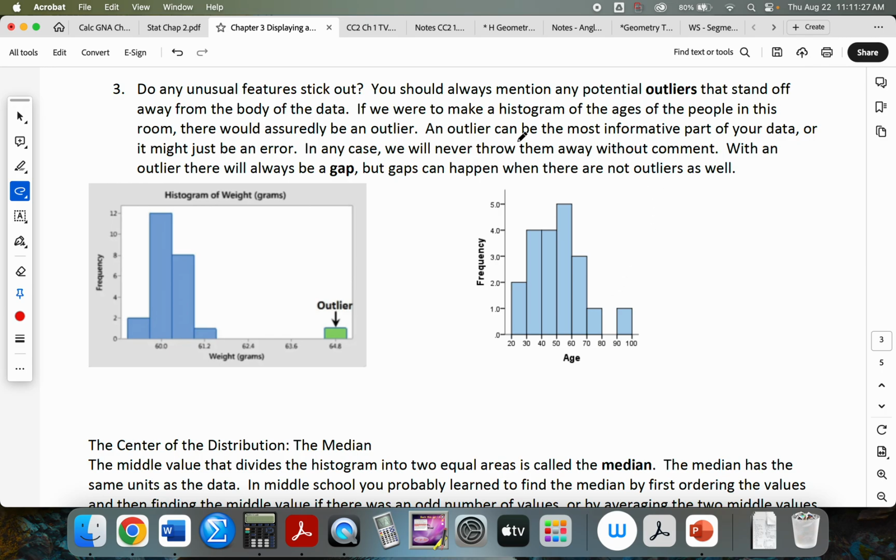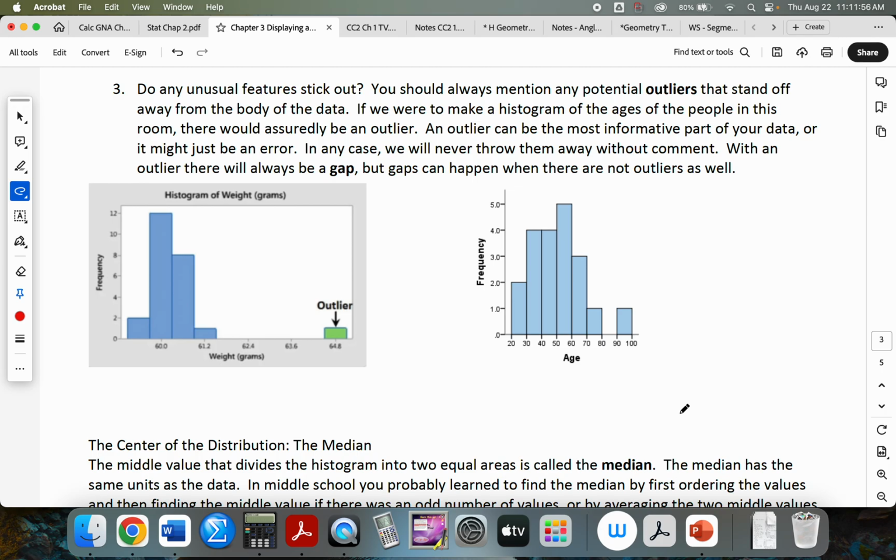Okay, and sometimes with an outlier, something went wrong with your data. Sometimes it's like, oh yeah, we said people, not students, and so we have to count Mr. Davis, and so he's an outlier, right? So sometimes it's informative, sometimes it's wrong, but you never just drop a piece of data because it looks like it's an outlier.